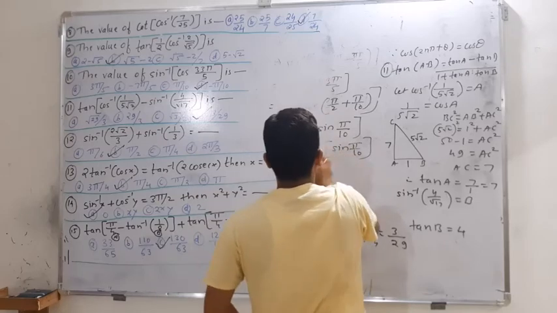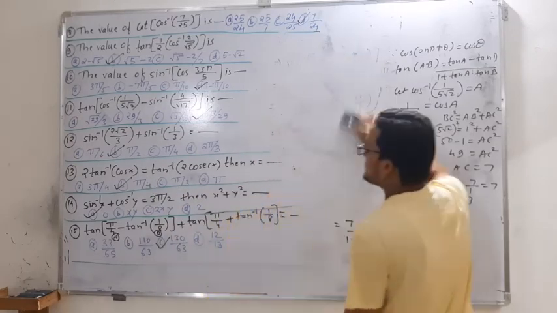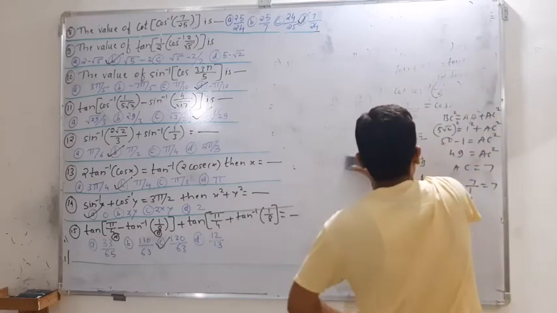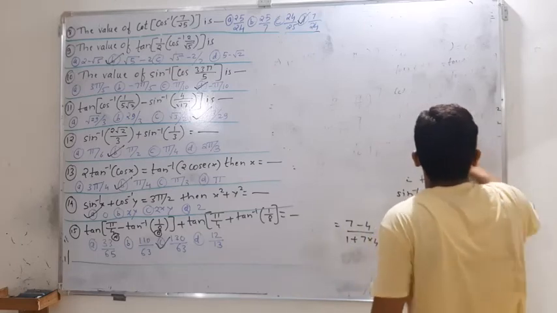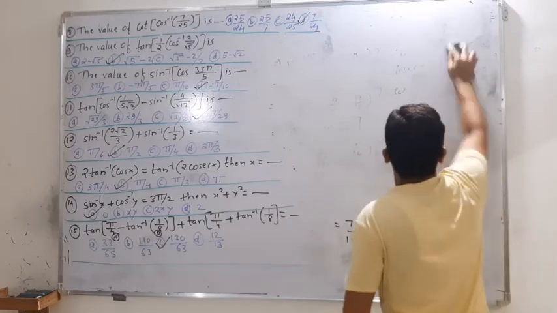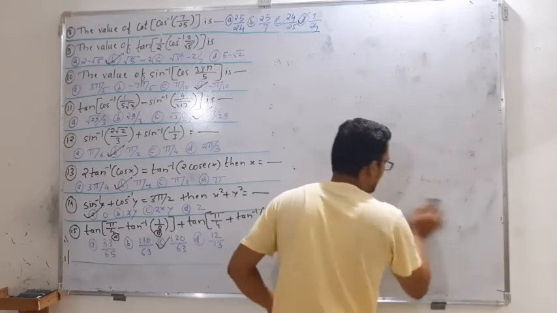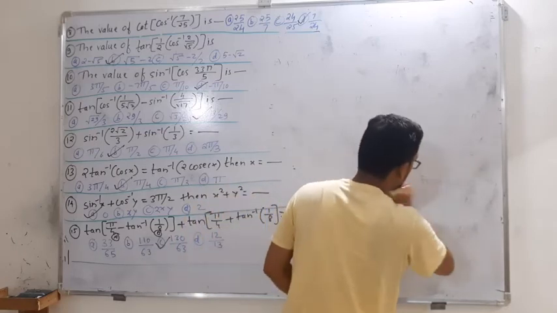Question number 12 is sine inverse of 2 root 2 upon 3 plus sine inverse of 1 by 3. To find the answer of question number 12, we have a standard result. With this video I have given some formulas, so you just read those formulas.